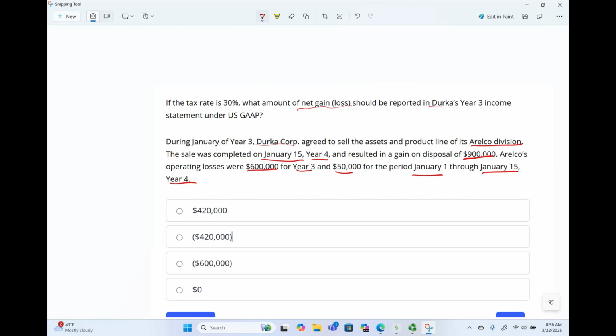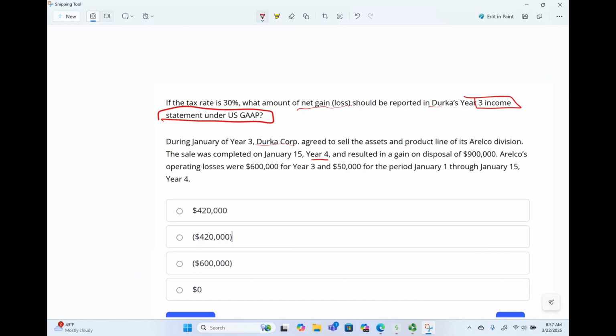Now, the first thing you want to be aware of is which time period the question is inquiring about. They want you to know what should be reported in year 3 net income, in the year 3 statement of net income. So what happened in year 3? Obviously in year 3, the division was not sold. It was sold in year 4.